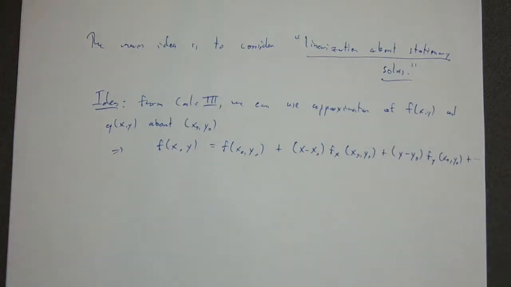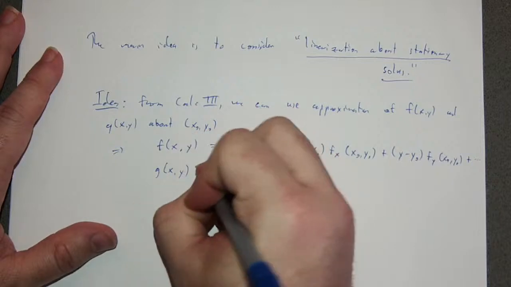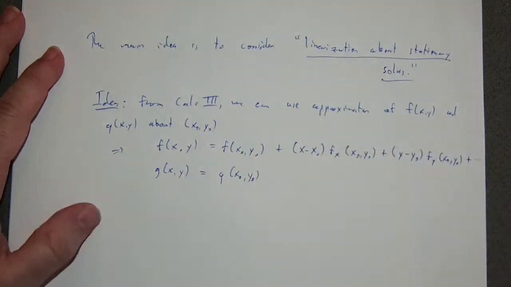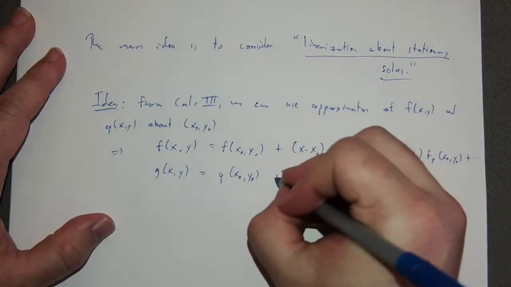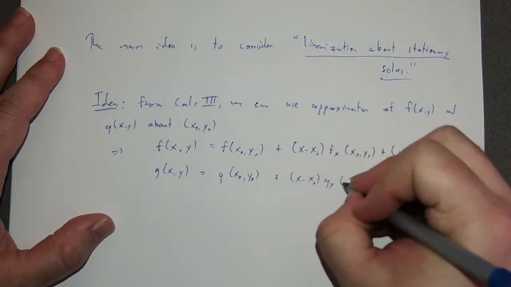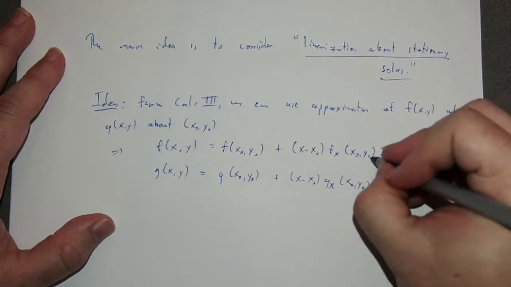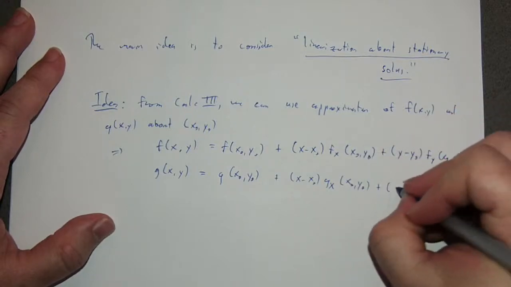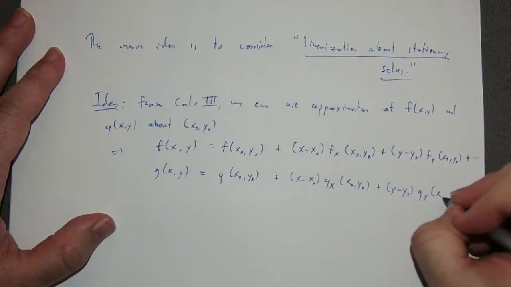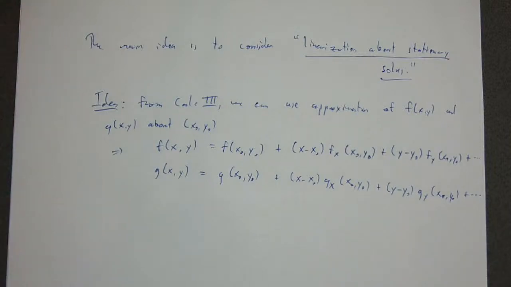Okay, so higher order terms come next. I can do the same thing for g. So I have my 0th order term, which is just g with that thing plugged in, plus x minus x naught times the x partial of g evaluated at x naught, y naught, plus y minus y naught times the y partial of g at x naught, y naught.